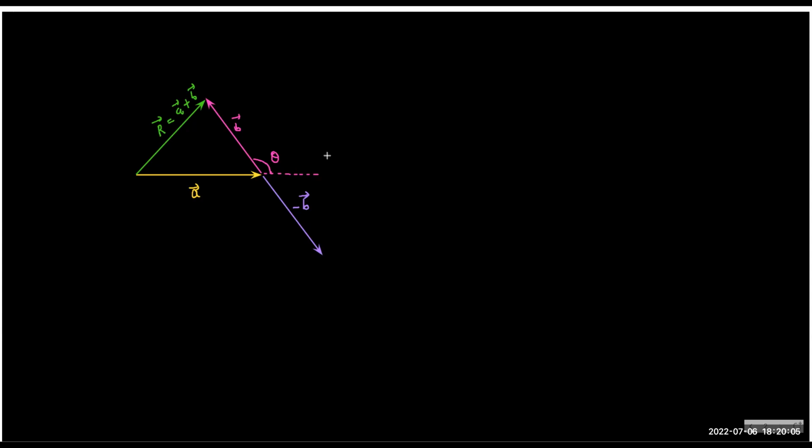Tell me, guys. We join the tail of the first, which is A, and the tip of the last. Once you join in this direction, this is called the resultant of A and minus B. Let's call it R dash vector.